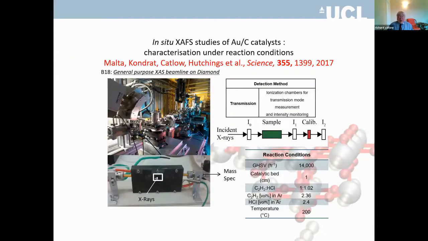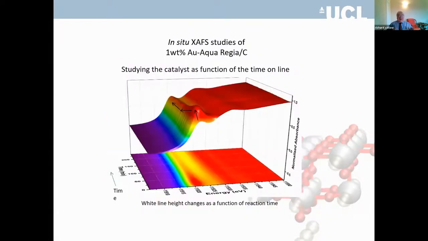Well, again, we probed this using X-ray spectroscopy on beamline B18 at Diamond Light Source. Here is the publication from three years ago, fairly standard in situ X-ray spectroscopy. It's a complicated story, so I'll just summarize it very briefly.